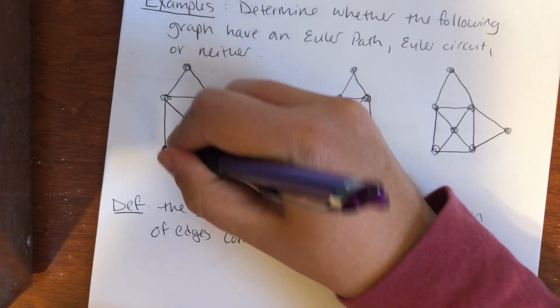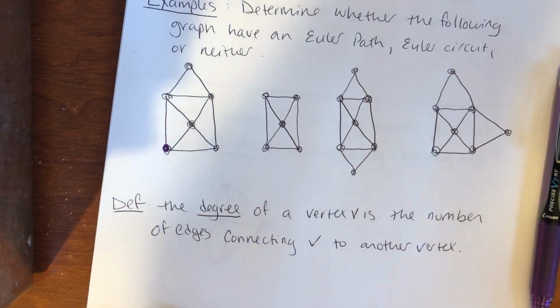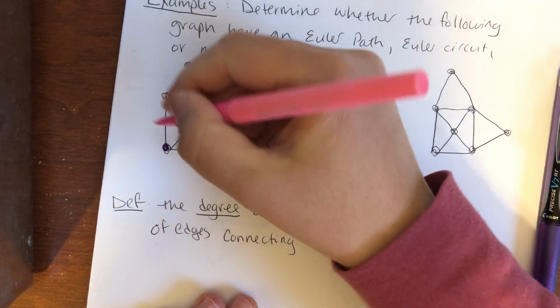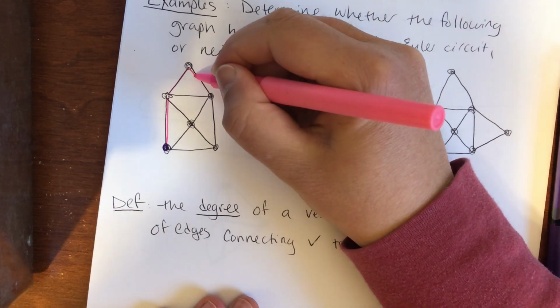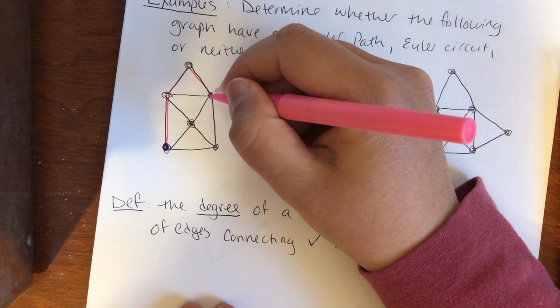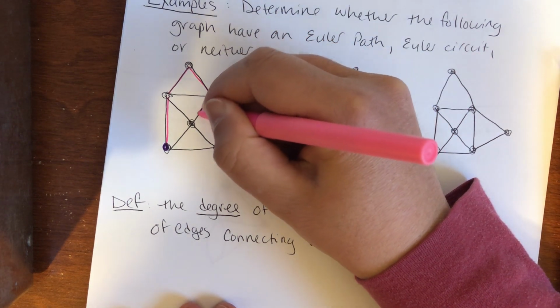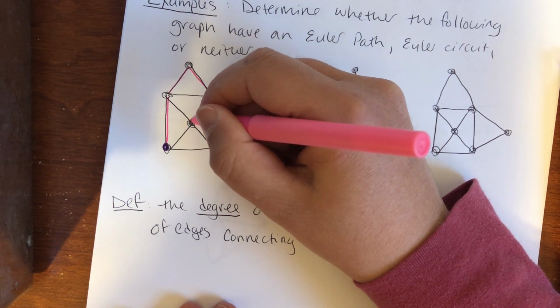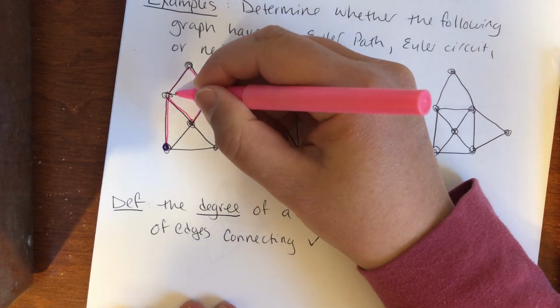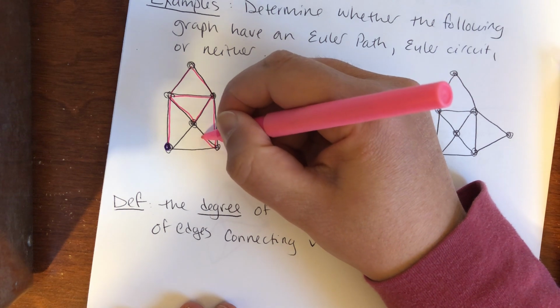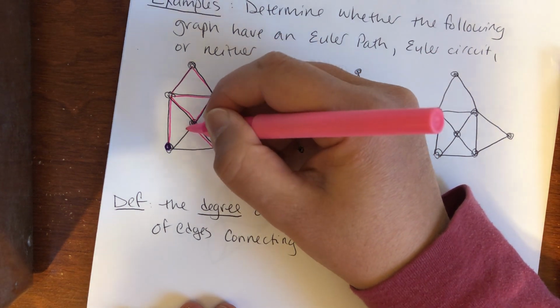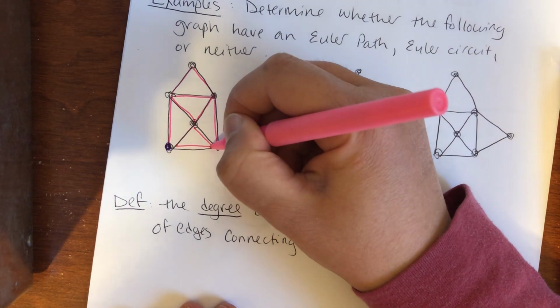So I could start in the lower corner. We'll use a different color so it's easier to see. Then go up and go to the roof of this house here. Maybe come back down across the diagonal, up to the other corner, across the top, down, up to the middle, down to the corner, and over to the edge.